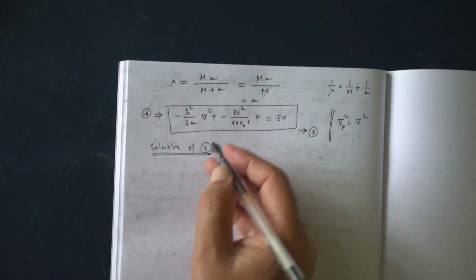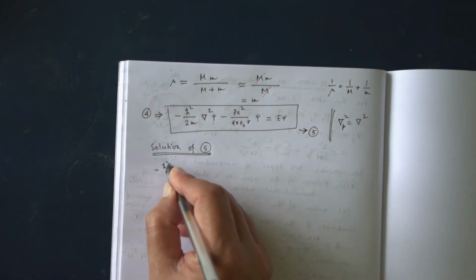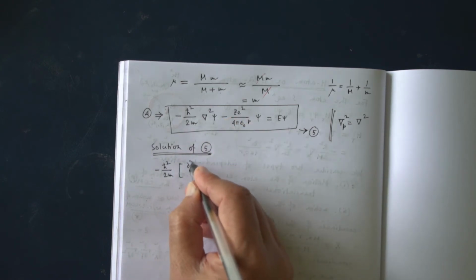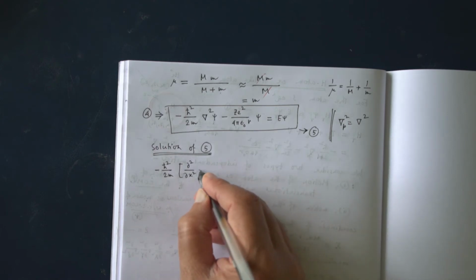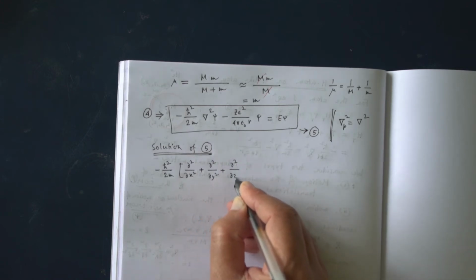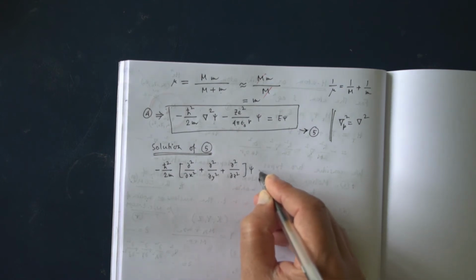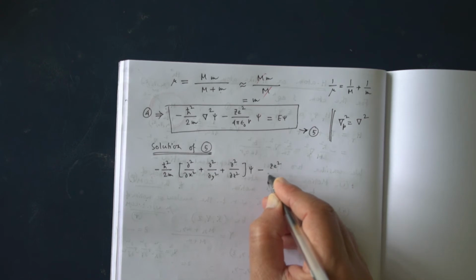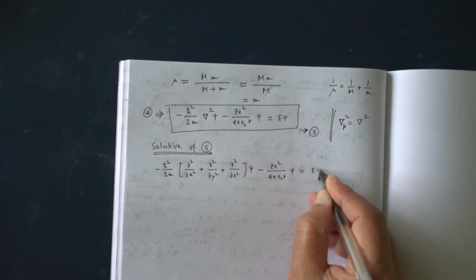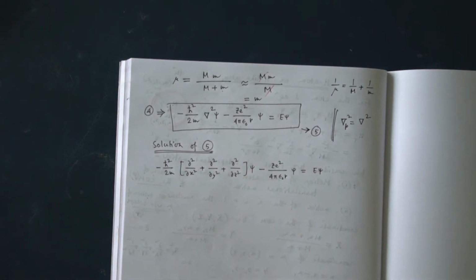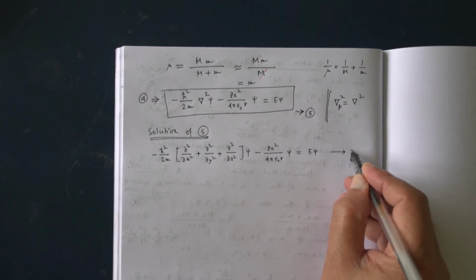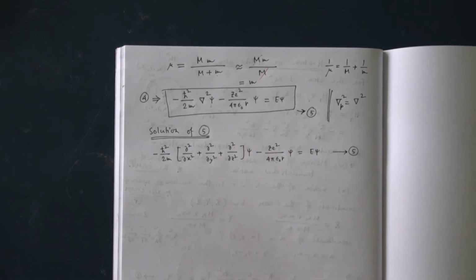Now I can write the equation like this. Del square equals del 2 by del x square plus del 2 by del y square plus del 2 by del z square, acting on psi, minus Z e square by 4 pi epsilon naught r psi equal to E psi. Let me call this equation 5.